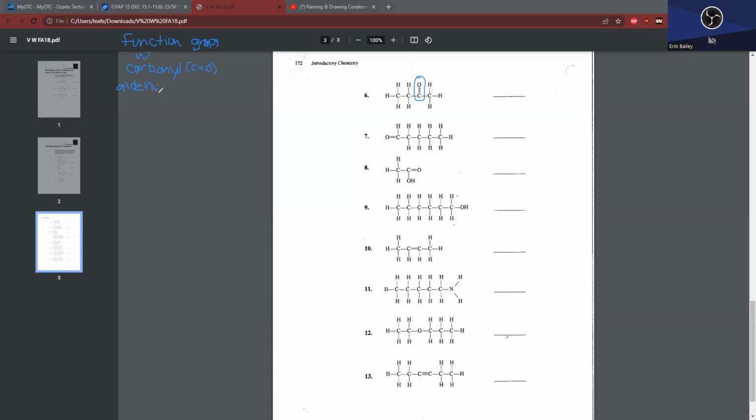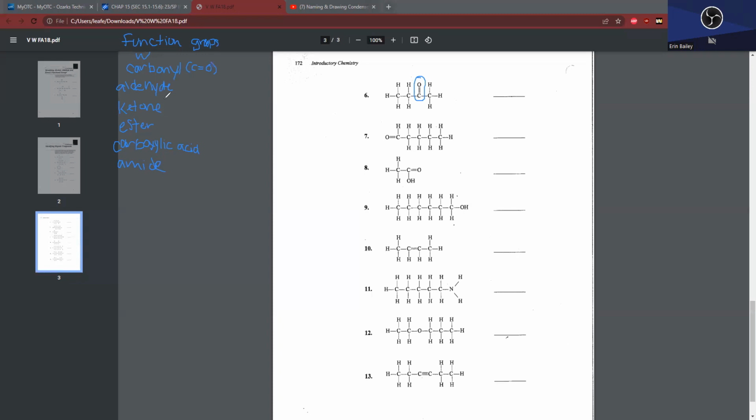Aldehyde, ketone, ester, carboxylic acid, and amide, but not amine because amine doesn't have oxygen in it.